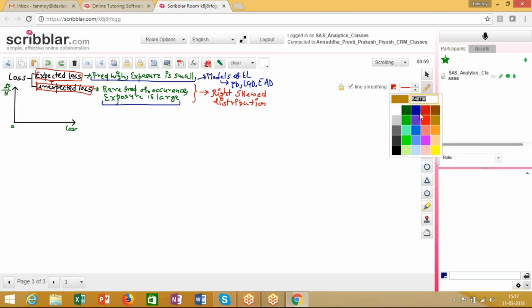So obviously the graph of this distribution would look something like this.